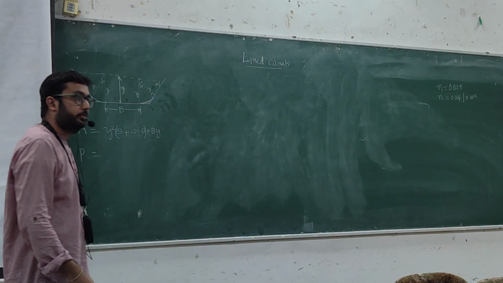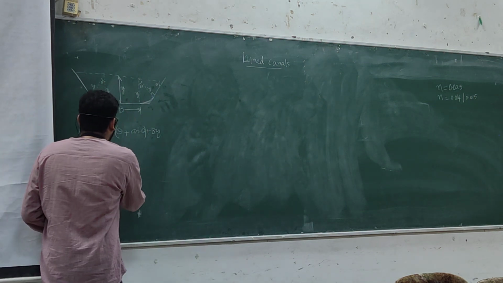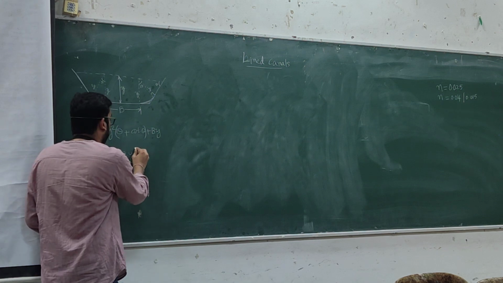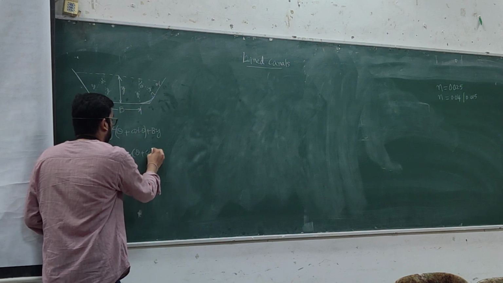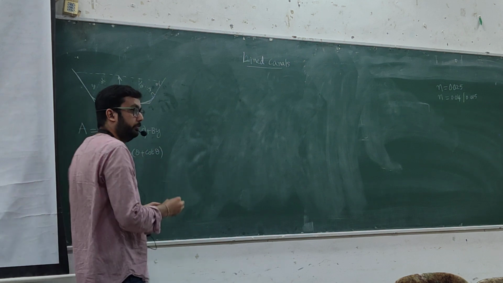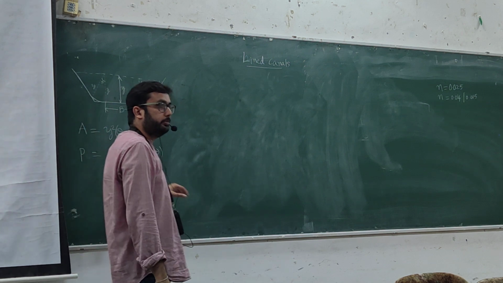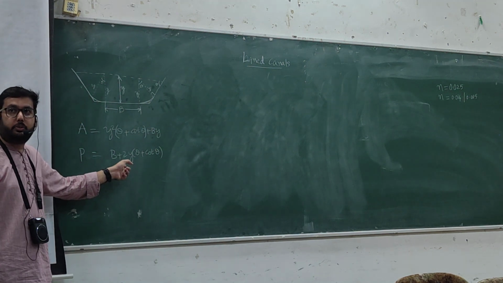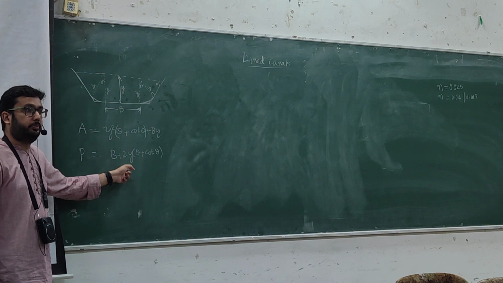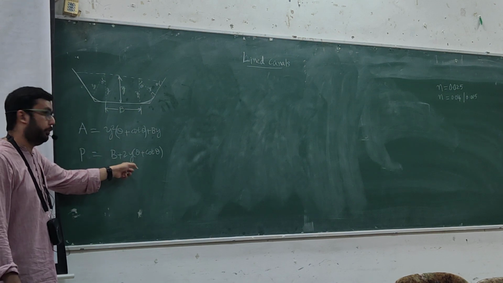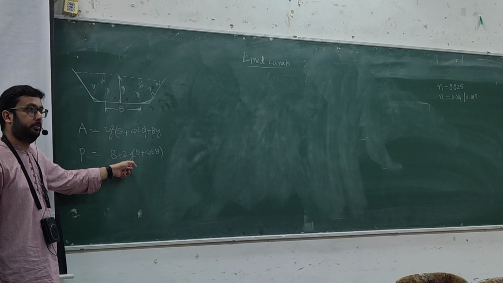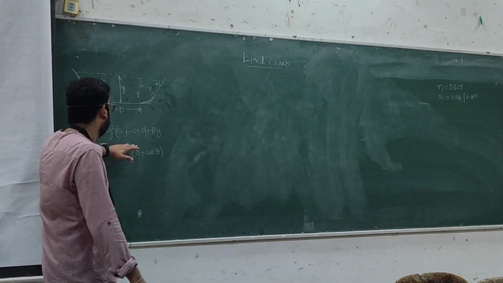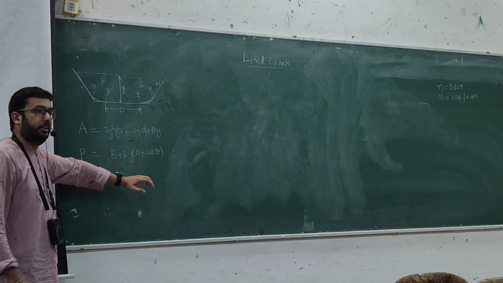Plus 2y theta plus cos theta. 2y theta plus 1. Do you get this for the perimeter? What about the wetted perimeter? So this is what you should get for the area and the perimeter.